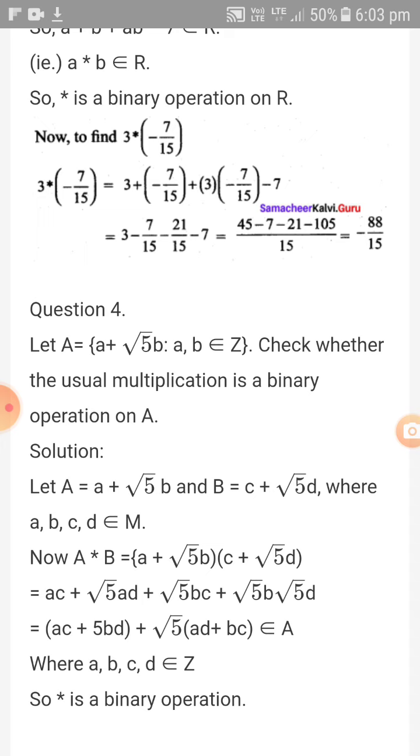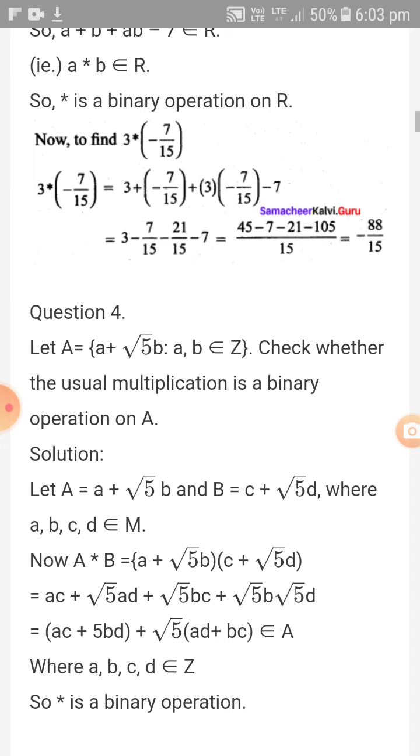So ac plus 5 bd, and taking root 5 outside, ad plus bc, where a, b, c, d belong to Z. So it is a binary operation.